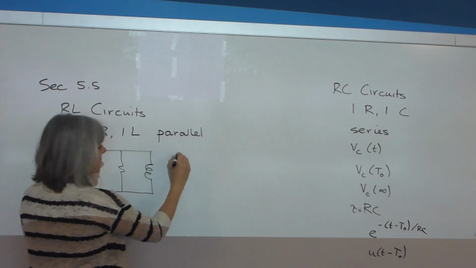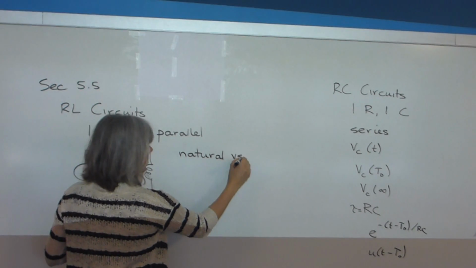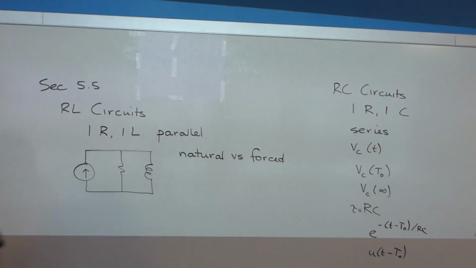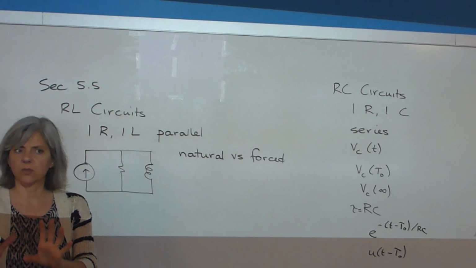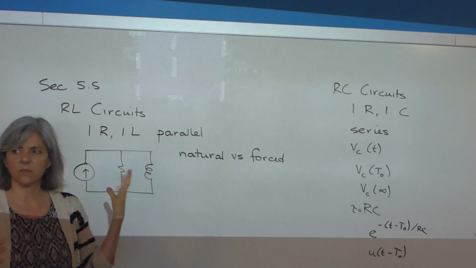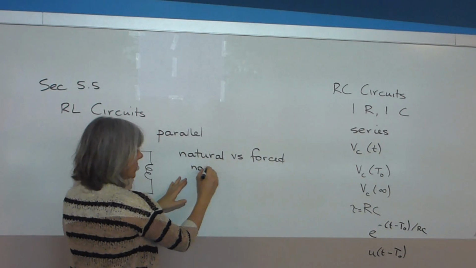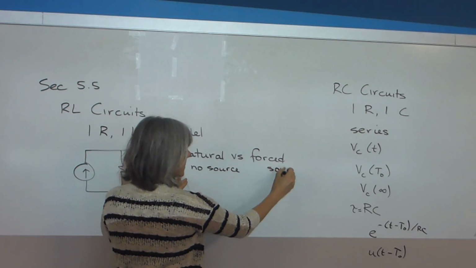So again, natural versus forced. And then another distinction I want to draw, which we will talk about as we write the solutions. Natural means no source. Forced means source.